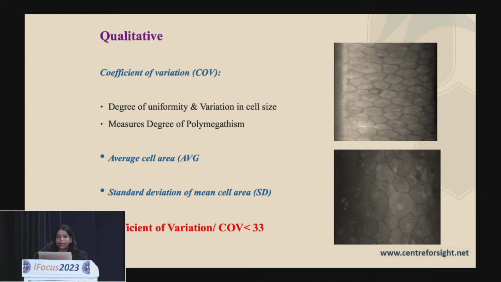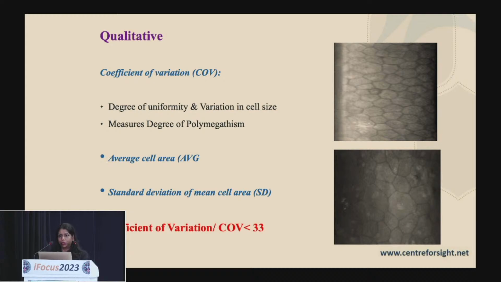Coefficient of variation is a very important factor. It looks like a very complex term, but it is not. Coefficient of variation means the variation in the size. How much variation can happen before the functionality of the cell is lost, right? Your hexagonal cell will work until what level? So coefficient of variation should not be more than 33.